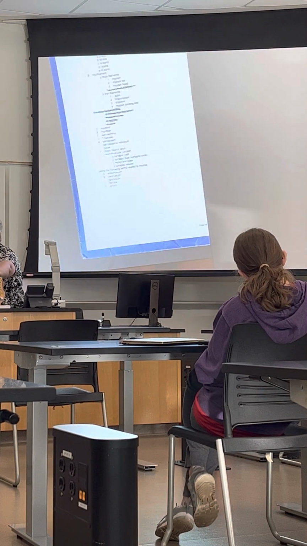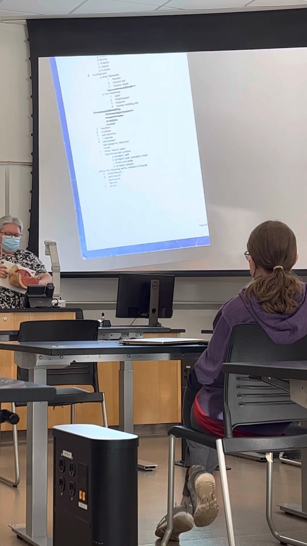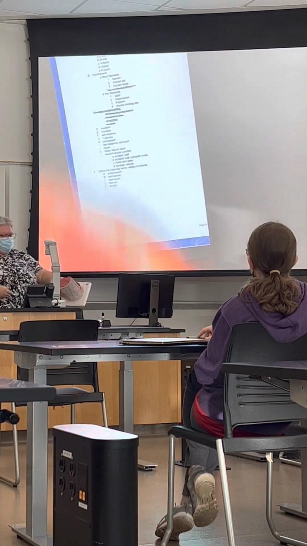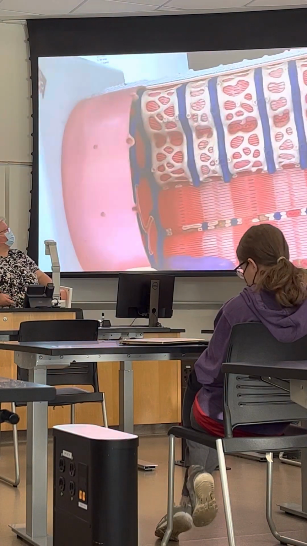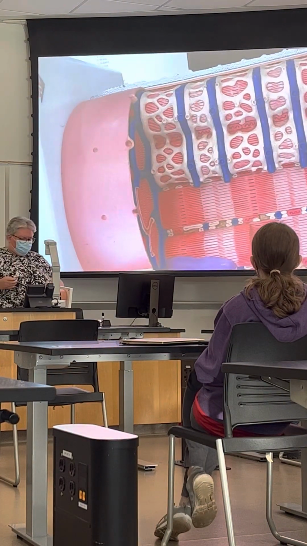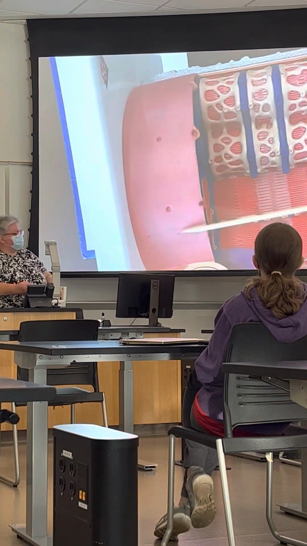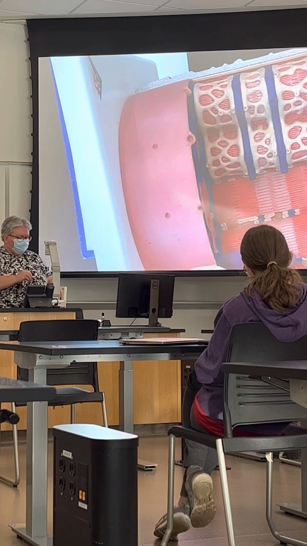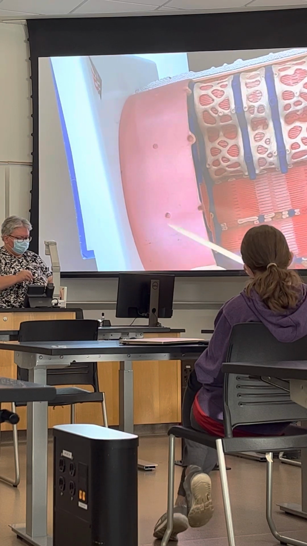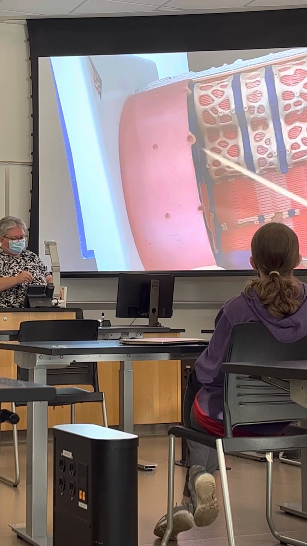So we do have a model that can show some structures better than others. This is the muscle cell itself, because here's the sarcolemma and here are the holes that go down to the T-tubules.